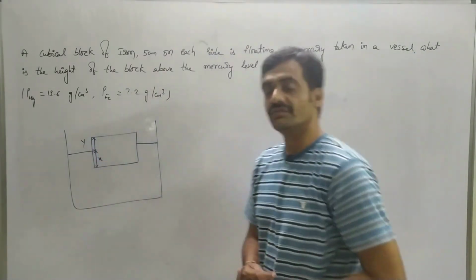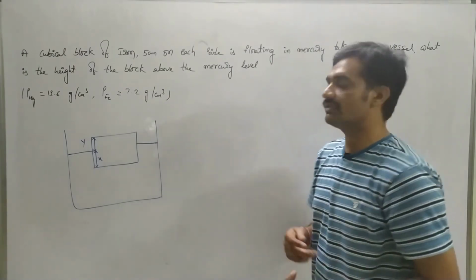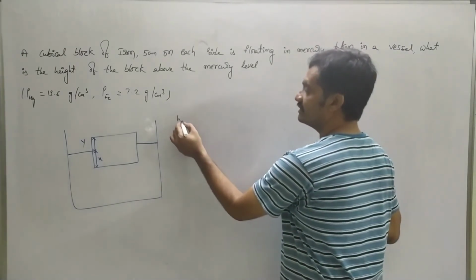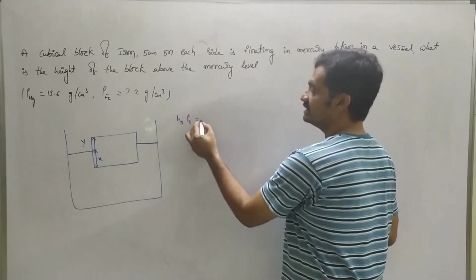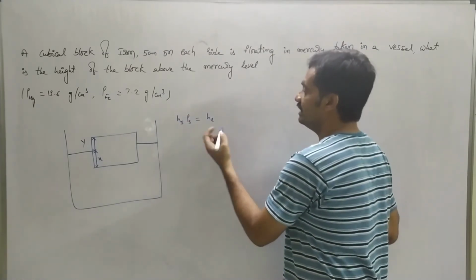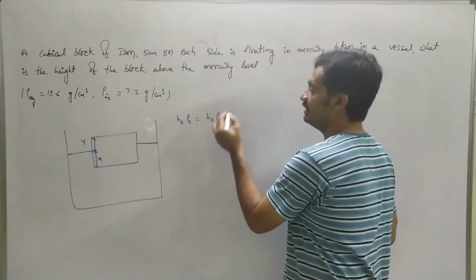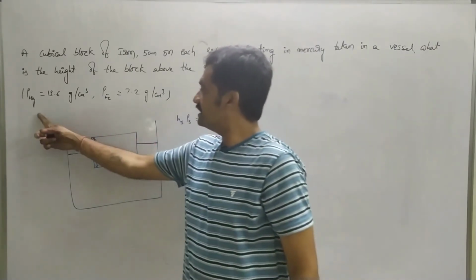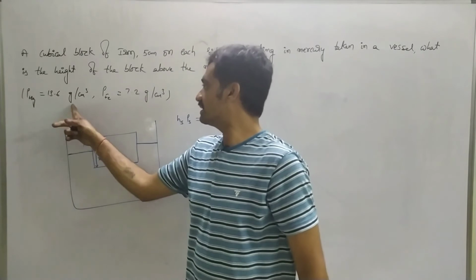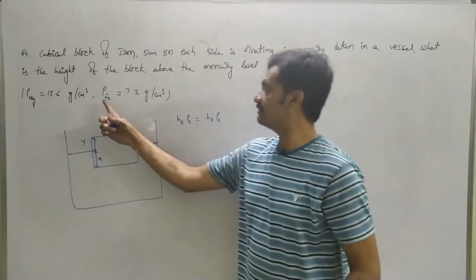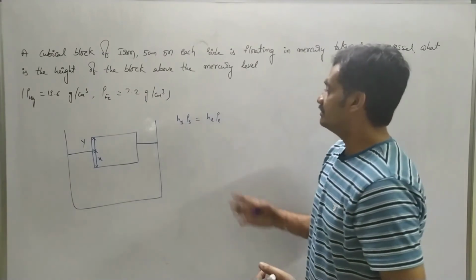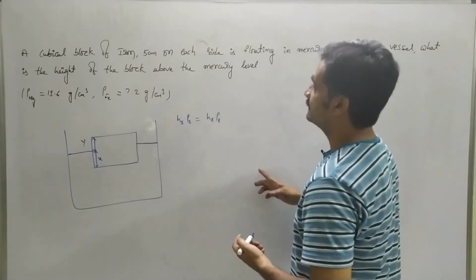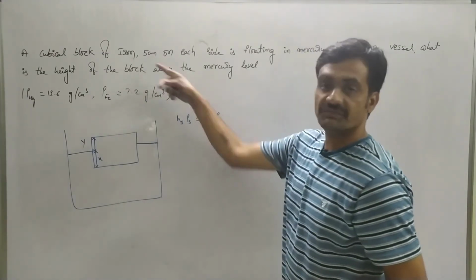In order to find the value of y, we consider the law of flotation, and we know that the height of the solid body into density of the solid body is equal to height of the body in the fluid into density of the fluid. Observe that here density of the mercury is 13.6 gram per centimeter cube and the density of the iron is 7.2 gram per centimeter cube. Let us substitute all these values. So here each side is 5 centimeters.